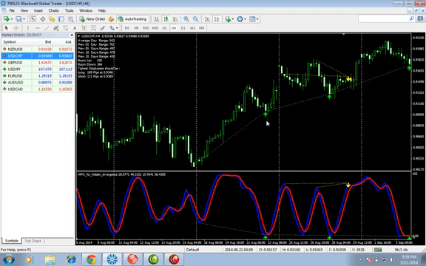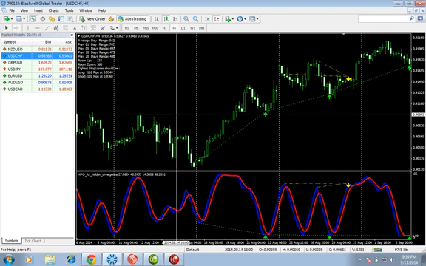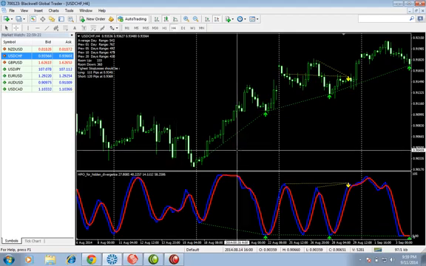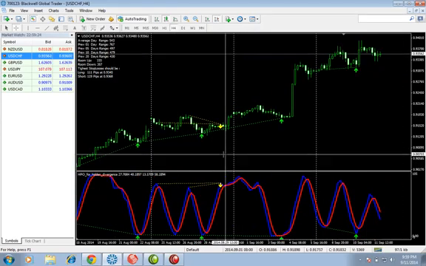Hidden divergence is said to be a high probability trade setup, which is one of the reasons why I added it to the high probability trading strategy that I'm going to share with you. And it's very simple and straight to the point.